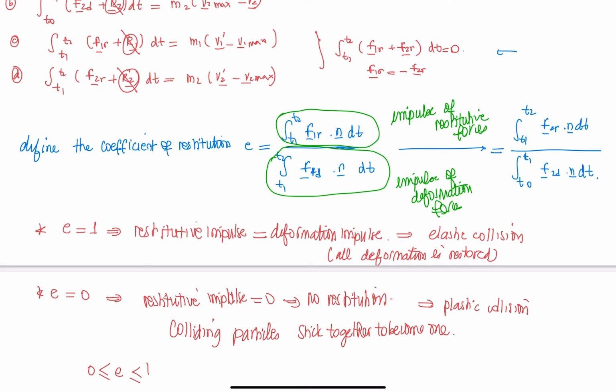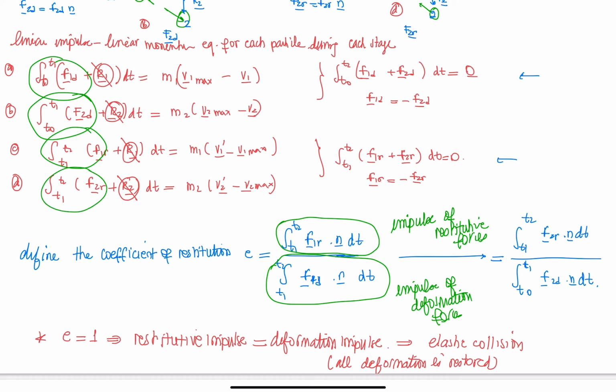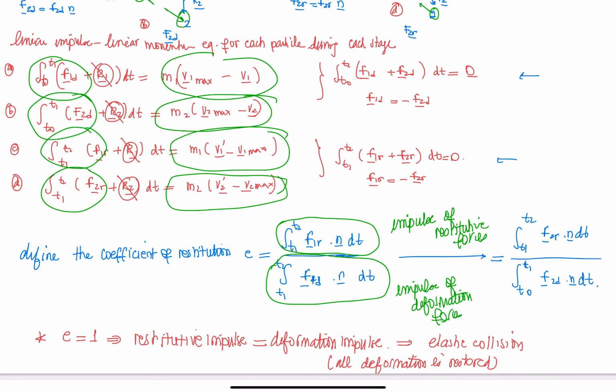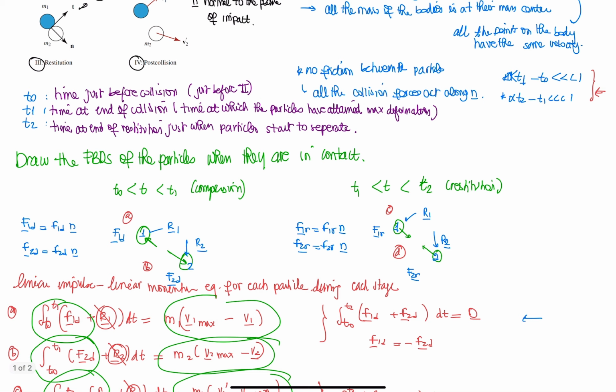Now, in view of these impulses being written in terms of the velocities, we can get rid of these unknown v1 max and v2 max. Actually, we need to add one more assumption, that at T1, maximum collision, the two particles are at rest with respect to each other in the normal direction.